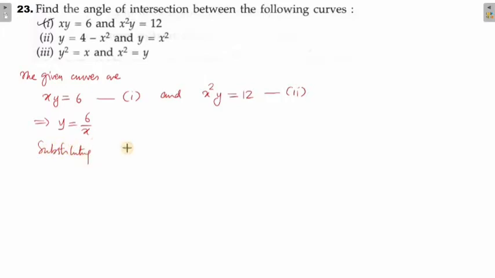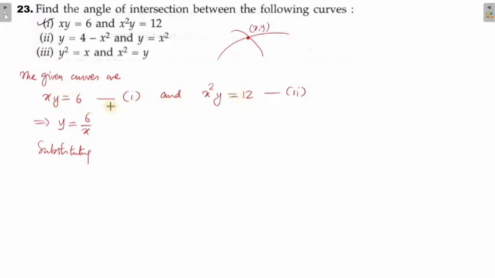The value of x and y at the point of intersection is valid for this curve and this curve as well, both the curves. So I'll find the value of y, and that value of y I'm going to put in equation 2, because the values of x and y at the point of intersection are valid for both equations.